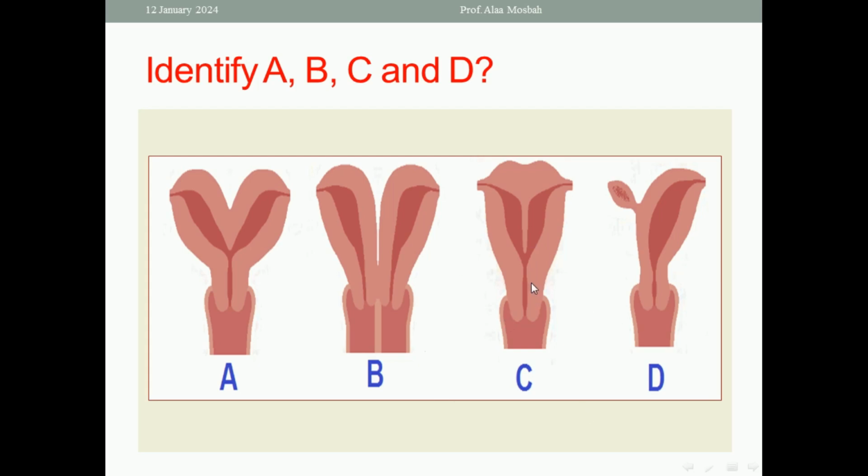Okay, C. What about C? C here is a septate uterus. As you see, the cavity of the uterus is divided into two compartments with a septum in the middle.